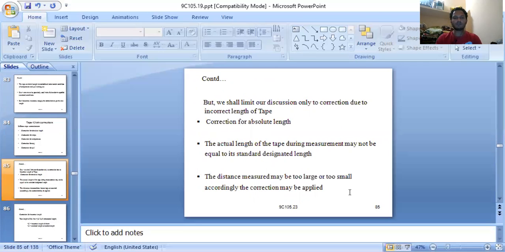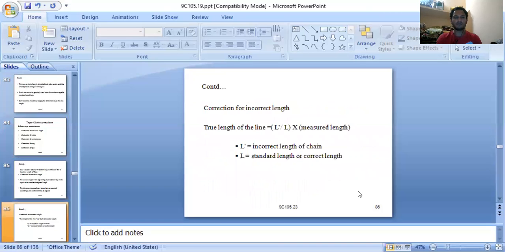But we shall limit our discussion only to correction due to incorrect length of tape. Correction for absolute length: the actual length of the tape during measurement may not be equal to the standard design length. The distance measured may be too large or too small. Accordingly, the correction may be applied.